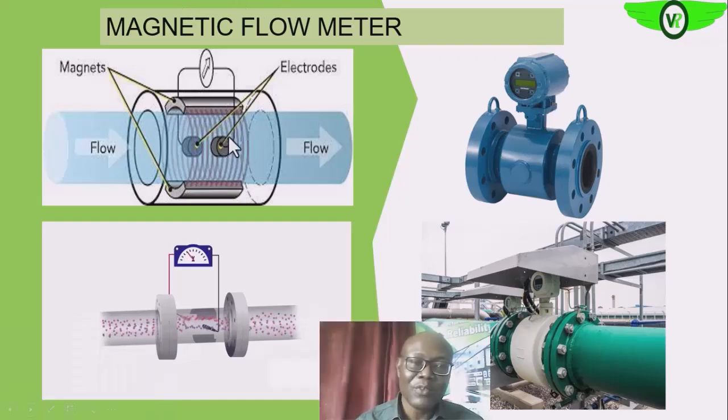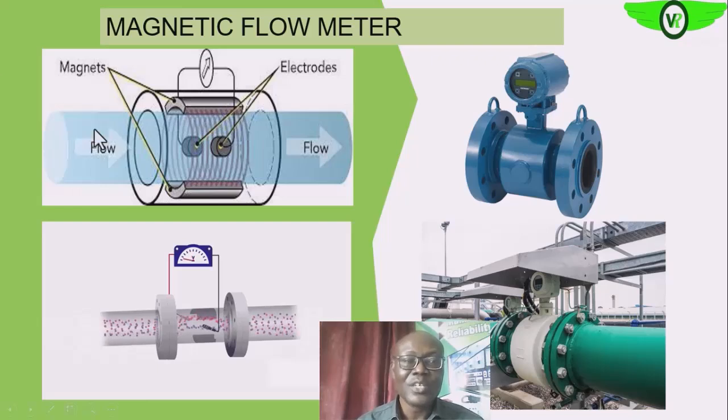So the magnetic flow meter actually uses the law of electromagnetic induction. We all know from Faraday's experiment that if a conductor moves through a magnetic field, an electric current is induced in that conductor.